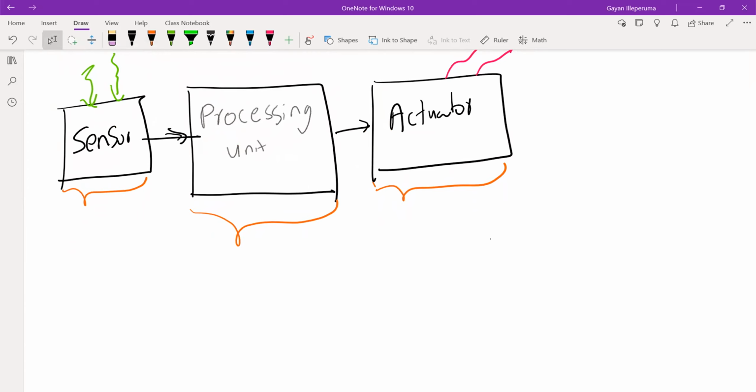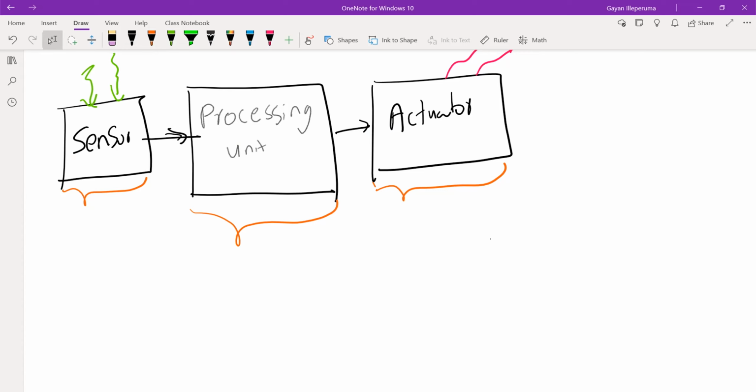There it takes some environmental value. Sometimes a sensor takes input from a person. For example, a fingerprint scanner is biological. When the person puts the finger, its biometrics is scanned. So that input comes from a person.